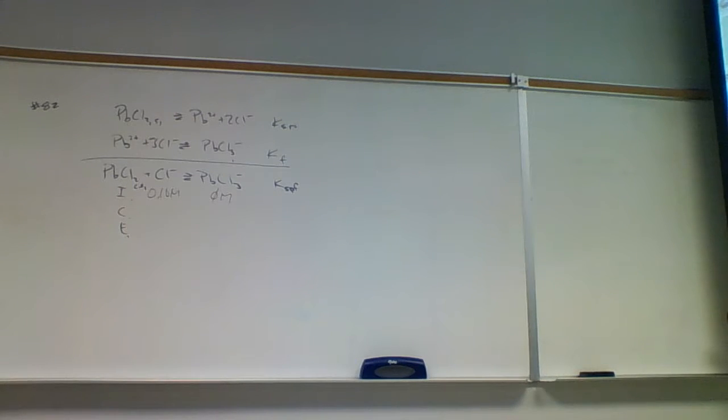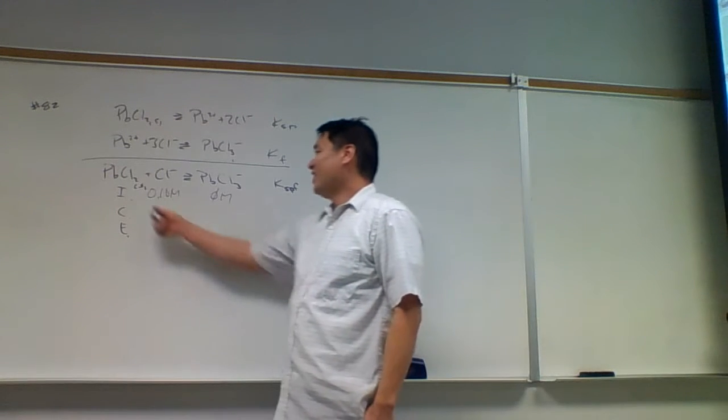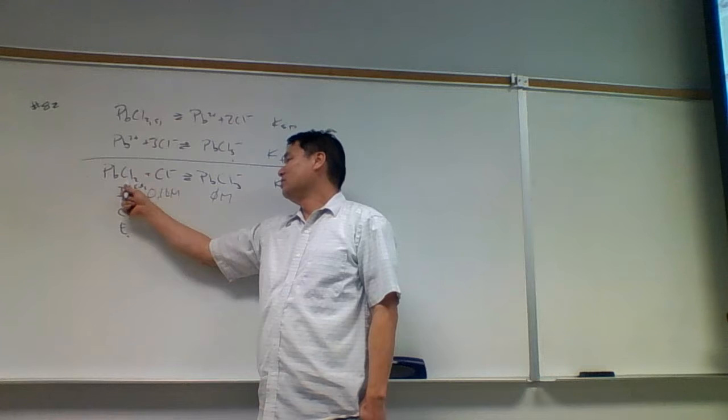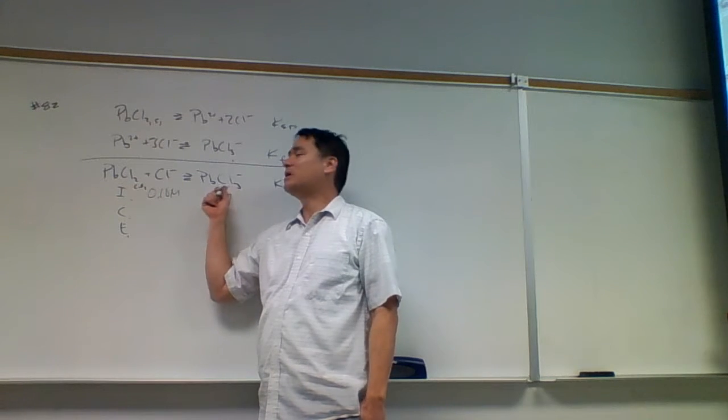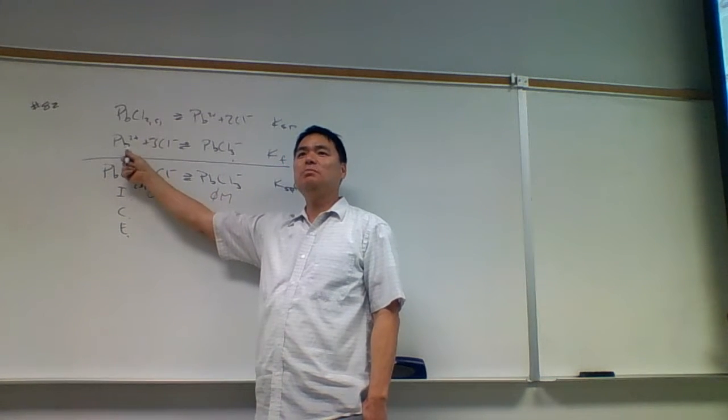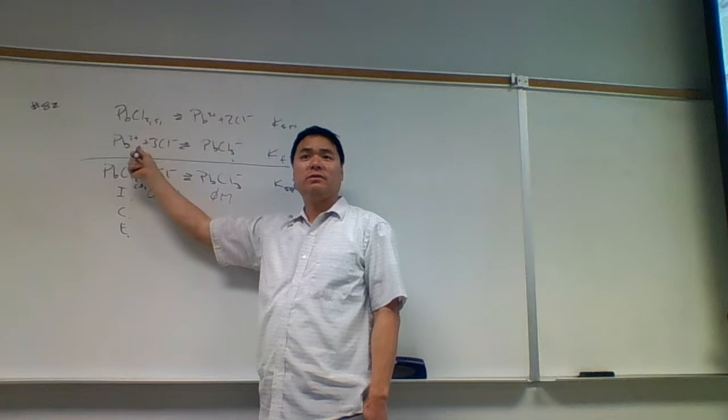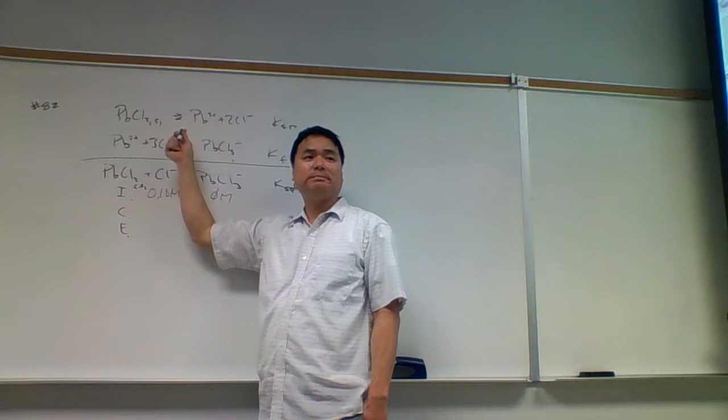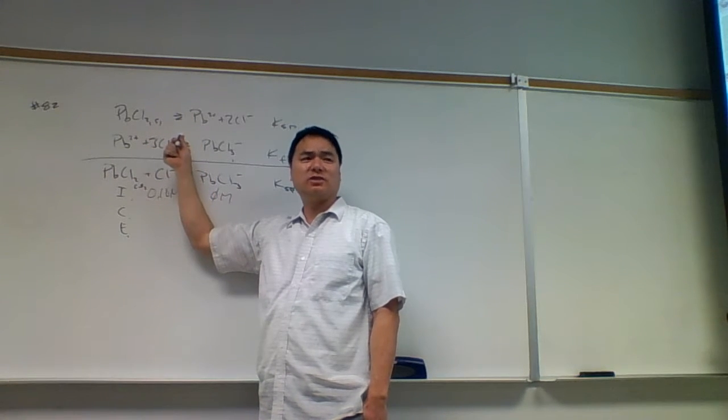So here, in 0.10, hint: what is the total concentration of lead? I gave you that hint earlier. I said the total lead concentration would be the sum of all the lead-containing species. Well, here we don't need that hint, because all the lead that dissolves from PbCl2 ends up as PbCl3 minus, because we're assuming the Pb2 plus is negligible.